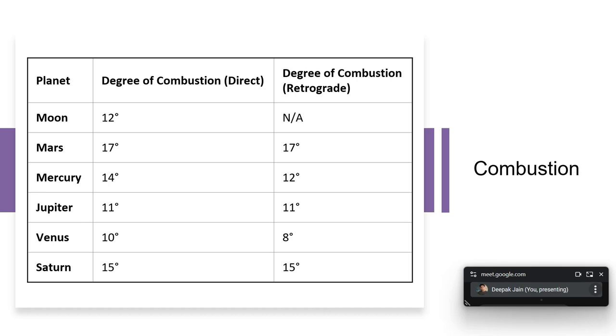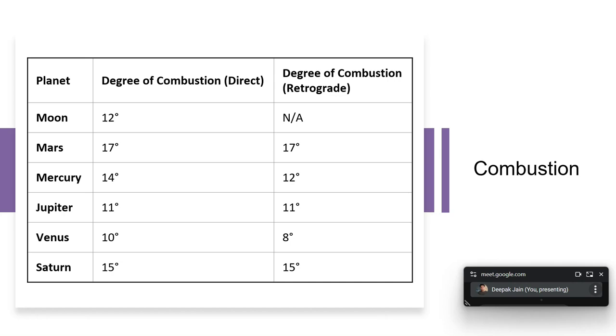We can only see the Sun, we cannot see anything else in that much brightness. That planet loses some of its properties, and this is known as combustion of a planet.